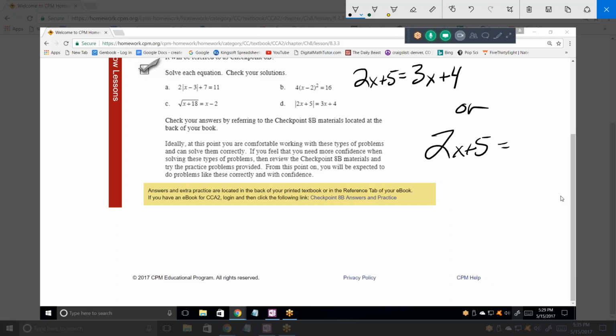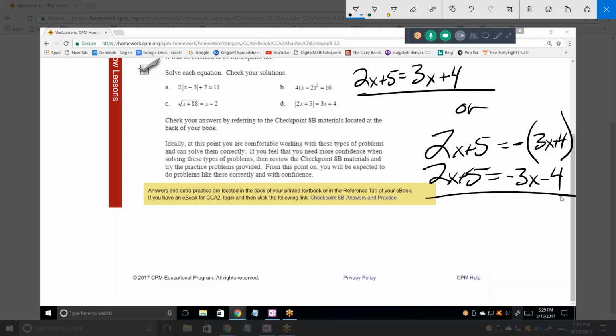So it's equal, and I put the negative sign and then put parentheses around the 3x plus 4, and that parentheses causes it minus 3x minus 4. So that's the other half, is this. And then you'll solve each one of them vertically.